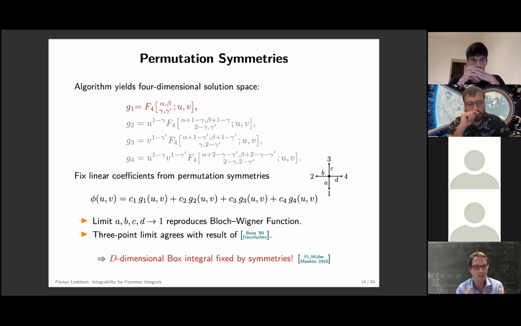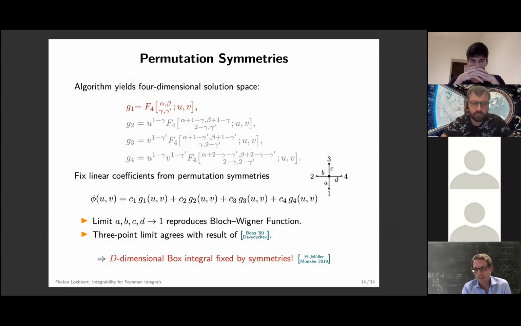So we can make an ansatz as a linear combination of these 4 functions, and again use the permutation symmetry of the diagram. If I swap leg 1 and 2 and at the same time the weights A and B, this is a permutation symmetry, and this fixes the coefficients C1 to C4, which gives the whole result. And if I take the propagator powers to 1, I find again this Bloch-Wigner function that we've seen at the beginning.